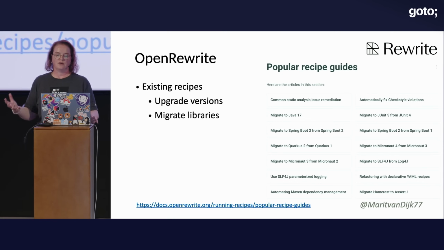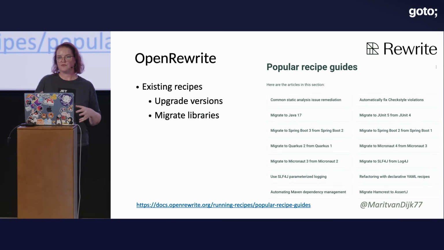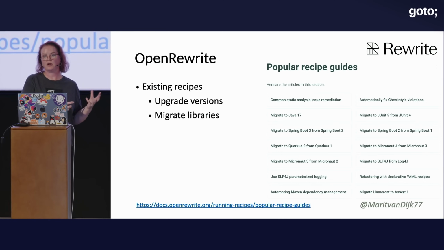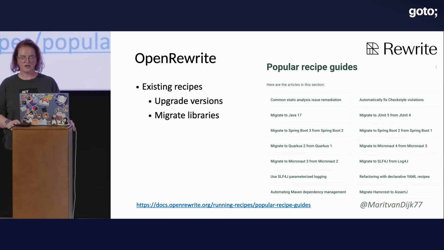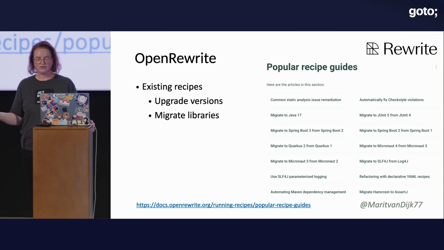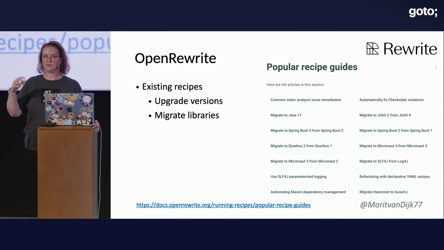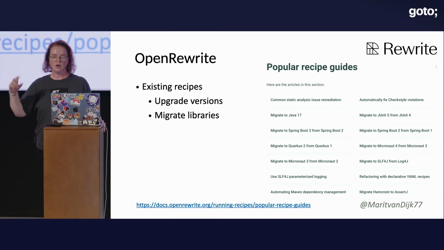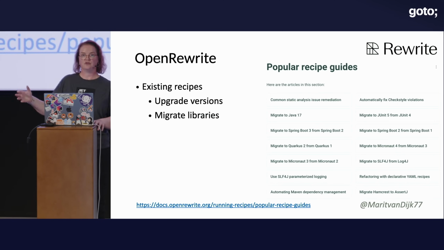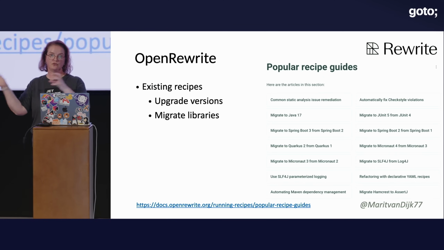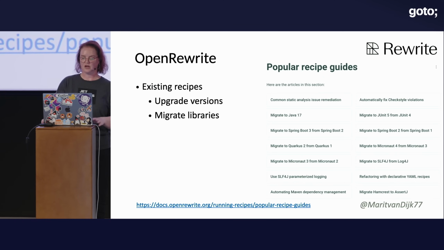They have a bunch of recipes that are already created, either by OpenRewrite or by other open source projects. So they have common static analysis issue remediation, migrations from one version of a framework to a higher version of a framework, but also migrations between libraries. So if you want to move, for example, at the bottom you see Hamcrest to AssertJ, OpenRewrite can do that for you.